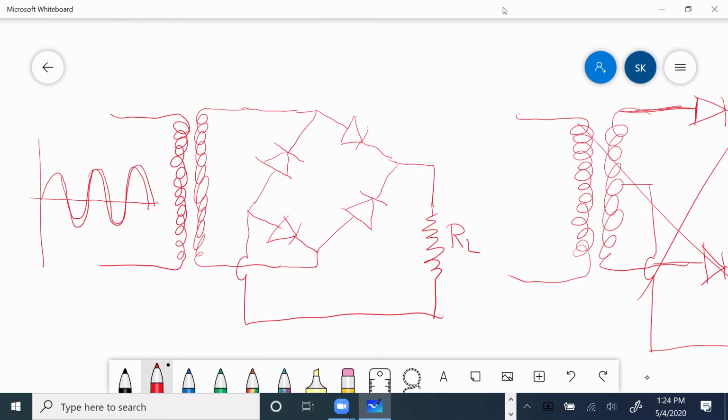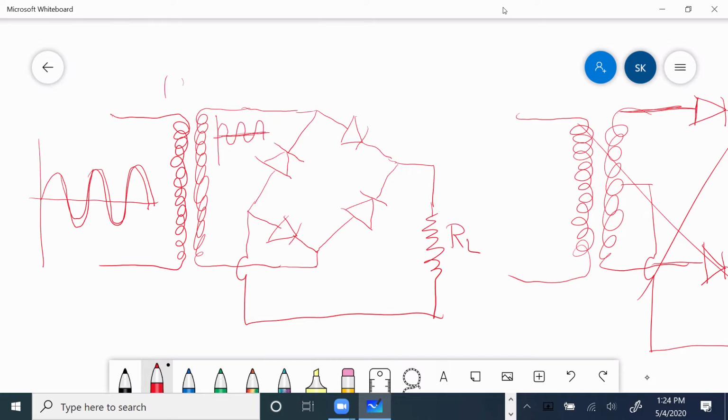So the same will obviously be here because it's only a transformer. There will be the same voltage applying there, only with a smaller amount.